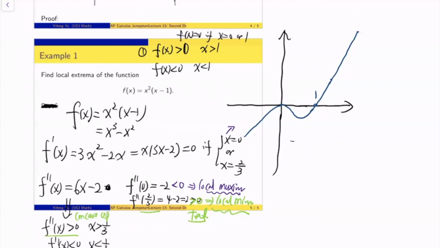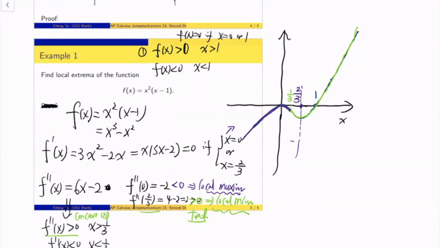Here is 2/3, the place where we have a local minimum, and the graph changes concavity right here at 1/3. The graph is concave up after 1/3, and concave down before it.